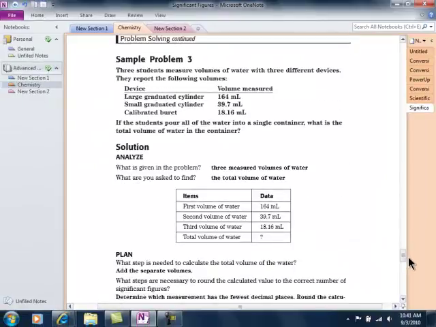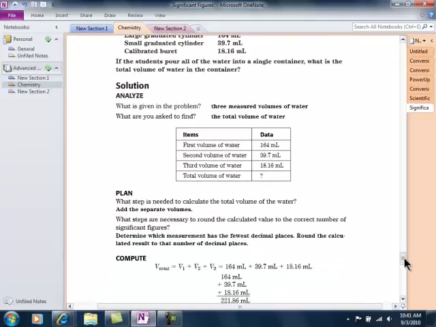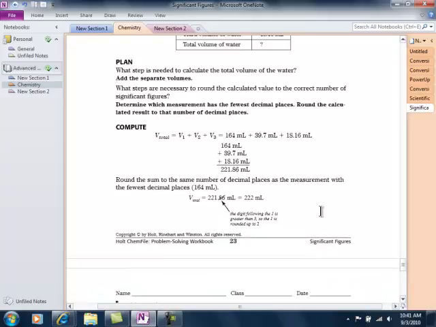Here's a good one. 3 students measure volumes with 3 different devices. They report the following volumes: 164, 39.7, 18.16. If they pour it all into a single container, what's the total volume? So you're adding, right? What steps are needed? Add the volumes, V1, V2, and V3, and you get 221.86.